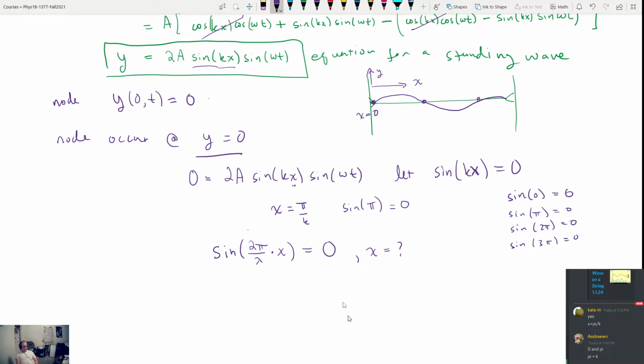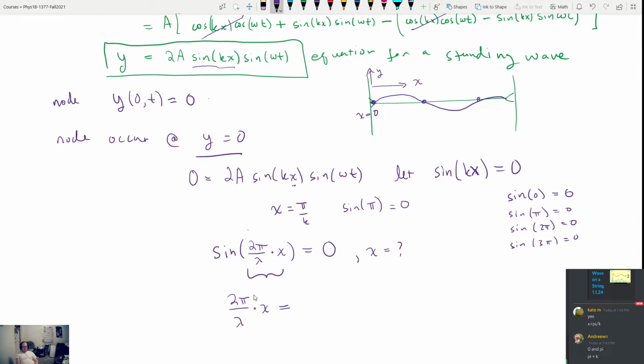You kind of figure out what the pattern is here, right? So what values of x are going to make this whole thing equal to 0? Anyone come up with a general statement? In general, what are the series of values x? We basically need this part, 2 pi over lambda times x, to be equal to what?